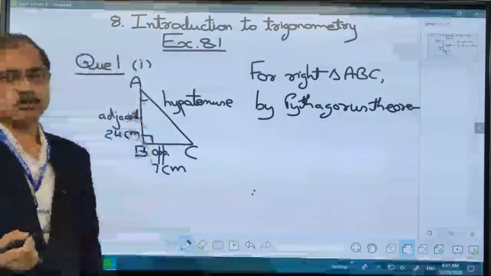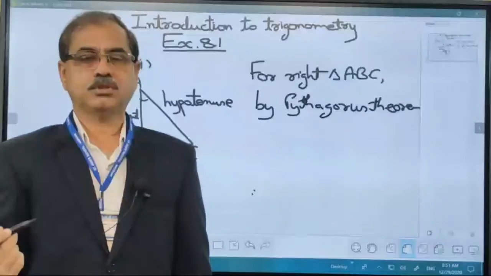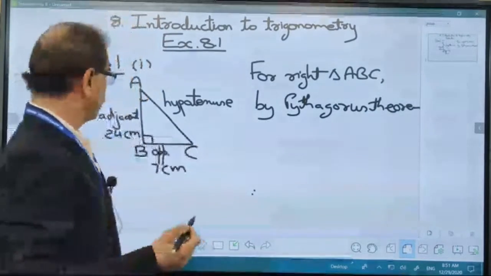You know very well the Pythagoras theorem: square of the hypotenuse is equal to the sum of the squares of the other two sides.